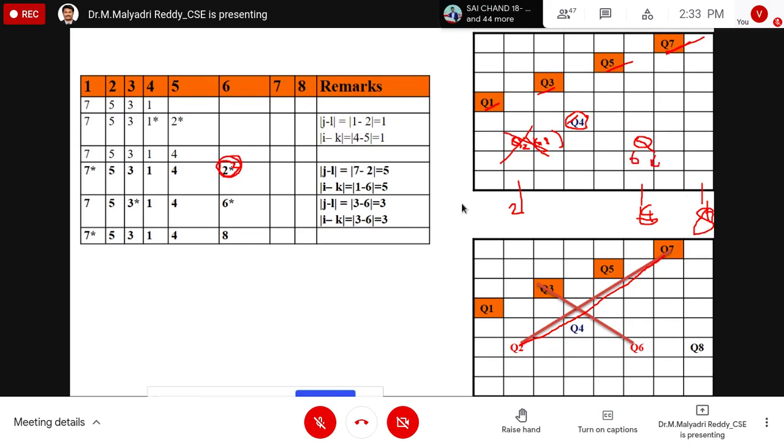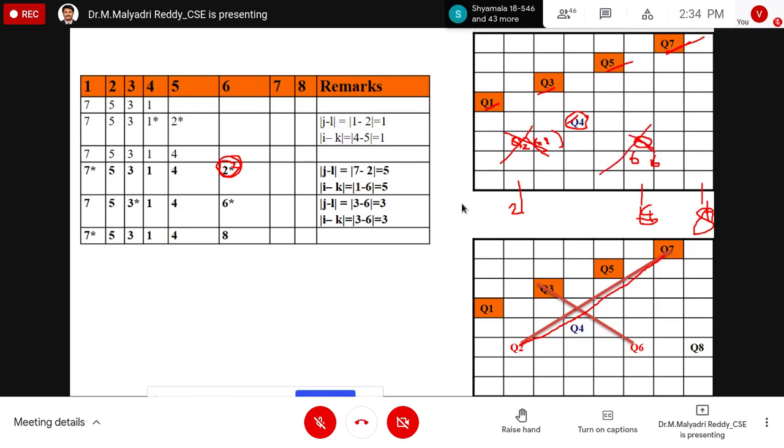Again, I have to check the values with 1, 4, 3, 5, 7. Is there any conflict? At Q3, sir. By substituting this value with Q3, it exists on the same diagonal. So this is also not feasible.